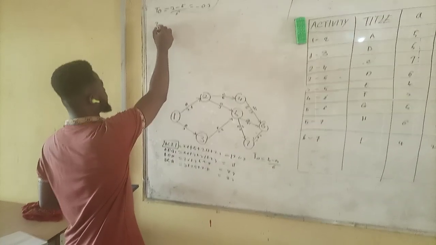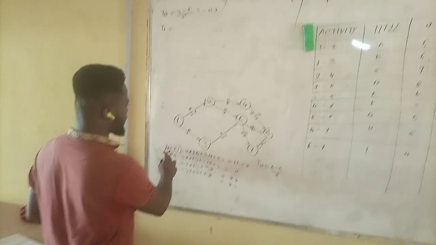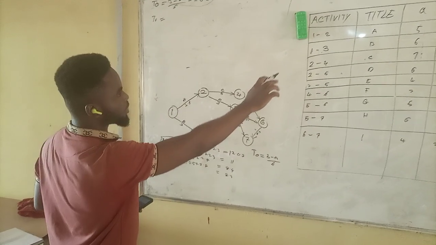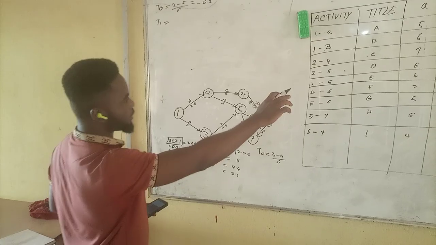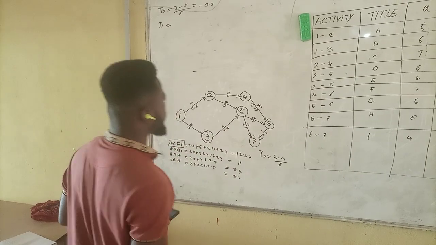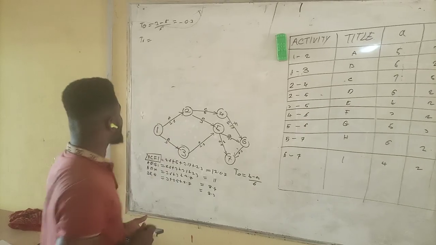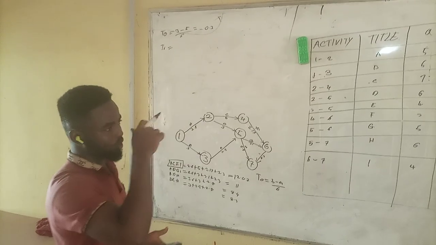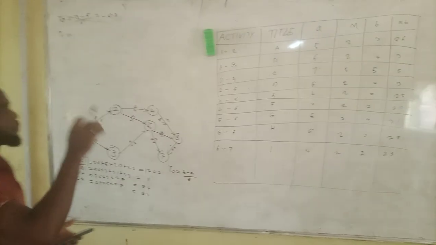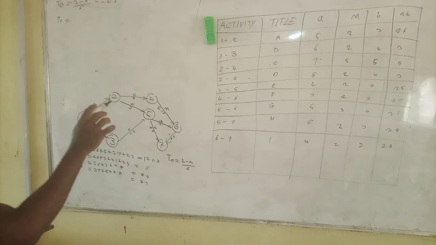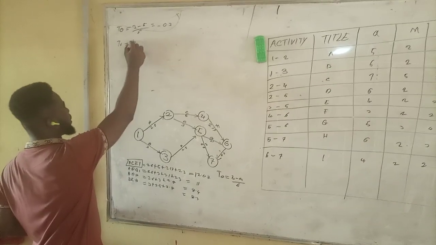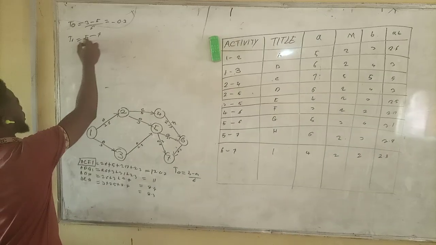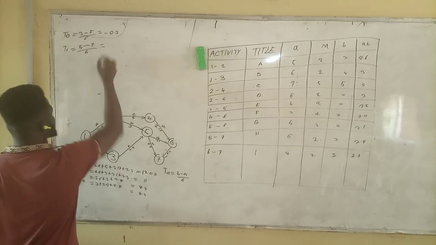So another one is TE equals to C, which is actually 2 to 4. Our B there is 5. Sorry, I made a mistake. I wrote 3 there before. So our B there is 5, which is 5 minus 7 all over 6 equals to.